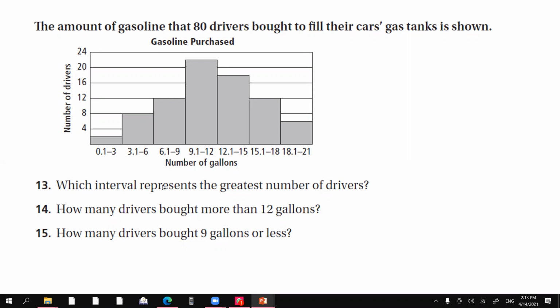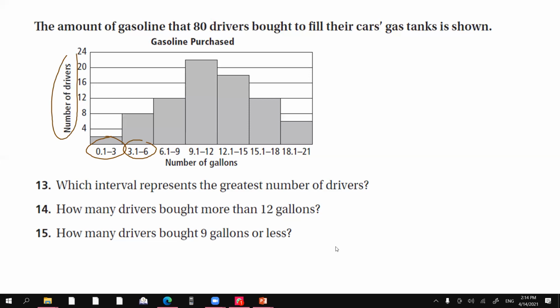Here we have the number of gallons. We have a histogram with intervals of the same length, closed, with no gaps. The x-axis tells me the number of gallons, and the y-axis tells me the number of drivers. They made a survey.